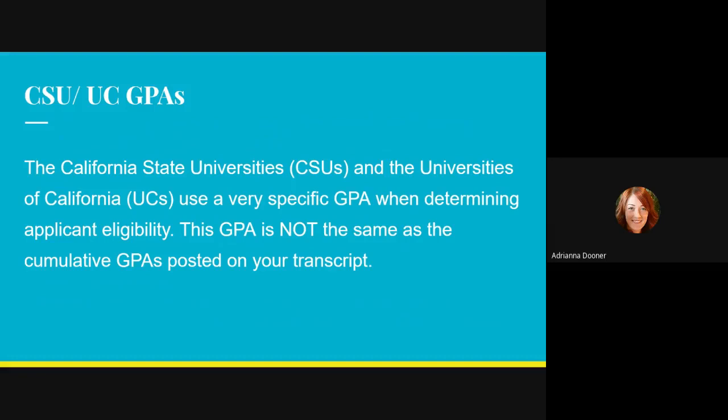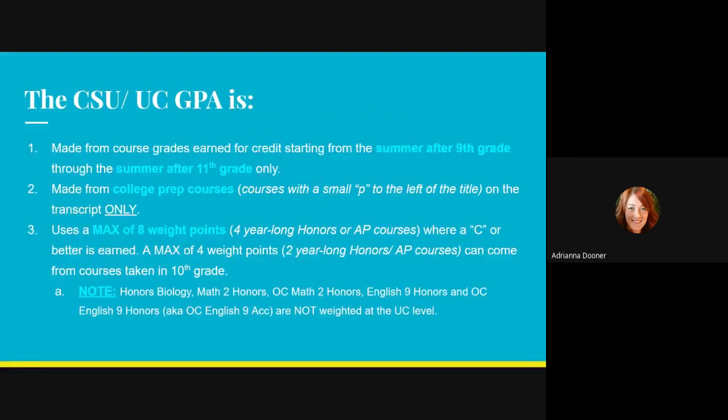On their high school transcript, they see a cumulative GPA, which means all the classes they've taken, including non-college prep classes, like PE, for example. They also see all grade level courses from 9th through 12th once they finish at Mountain House High School. So these GPAs are different. We're going to look specifically at how they're different now.